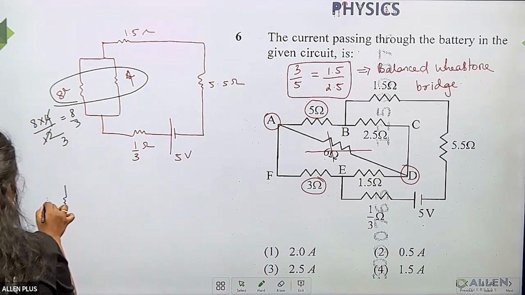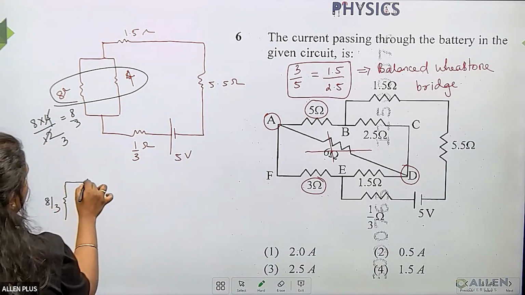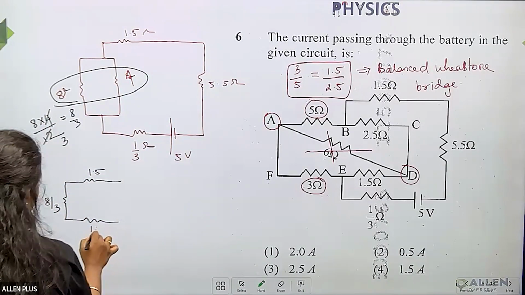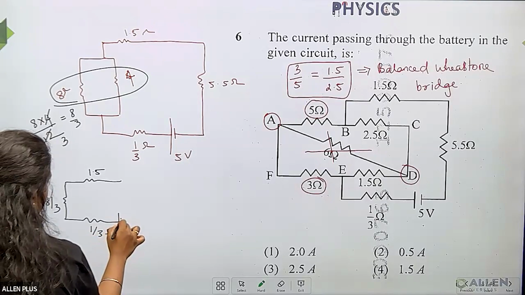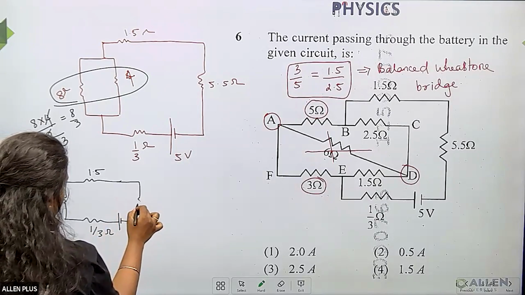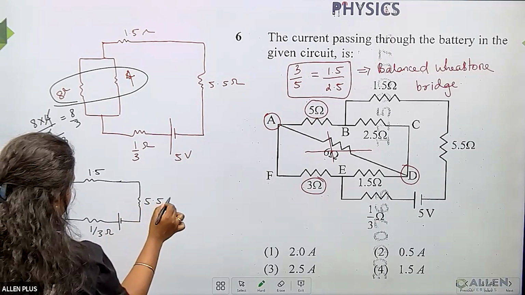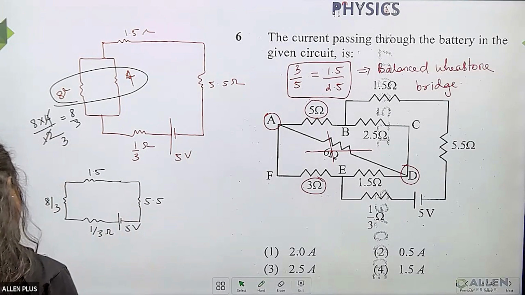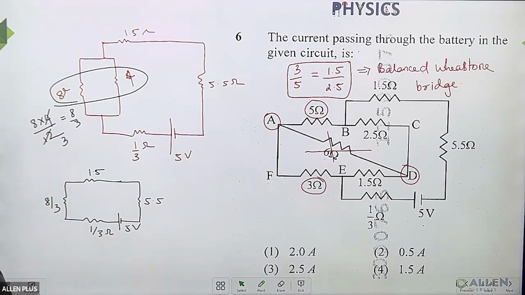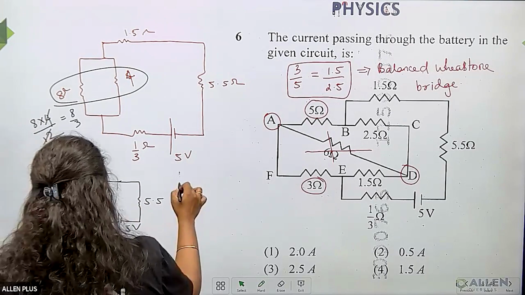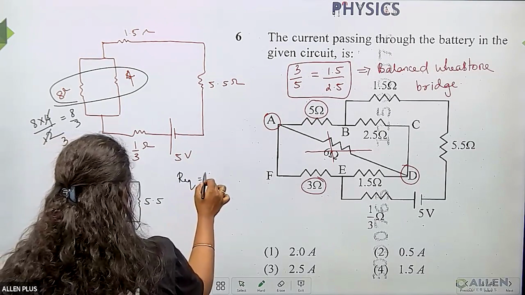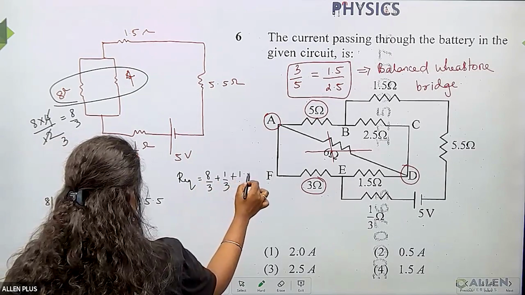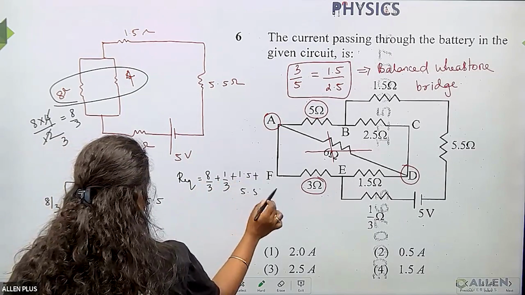So redraw this particular circuit again. Here we can assume as if we have 8 by 3, 1.5, 1 by 3 ohm. Here the battery is there, and we have here 5.5. What you have to do is take the addition of all of these. The R equivalent value over here will be equal to 8 by 3 plus 1 by 3 plus 1.5 plus 5.5.